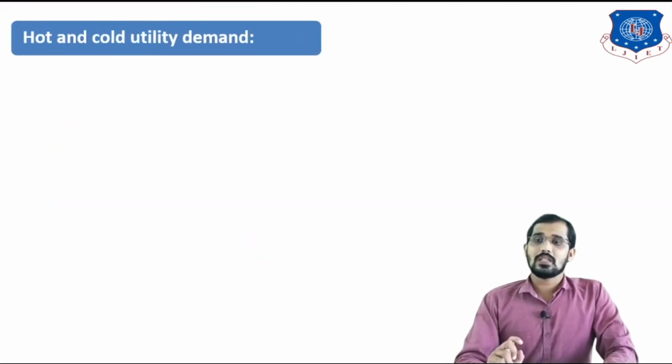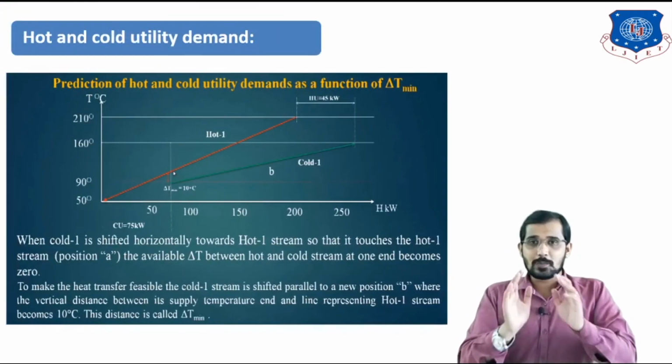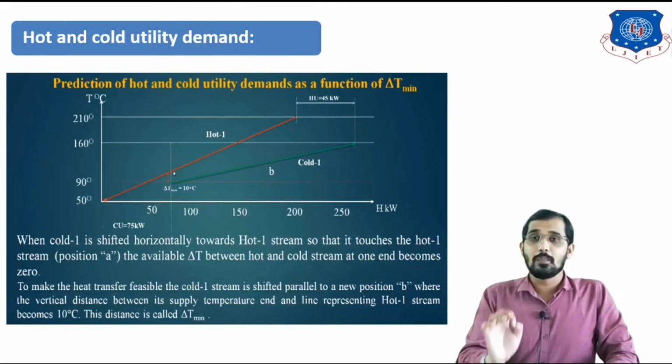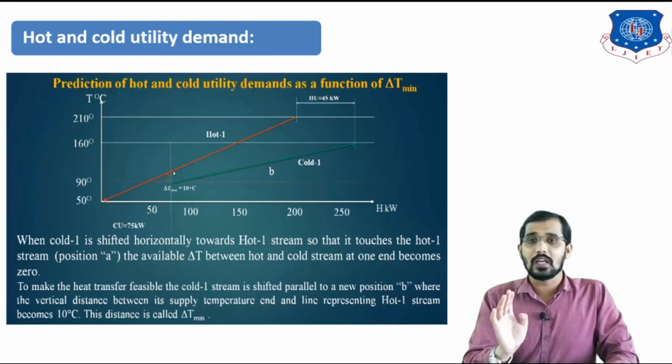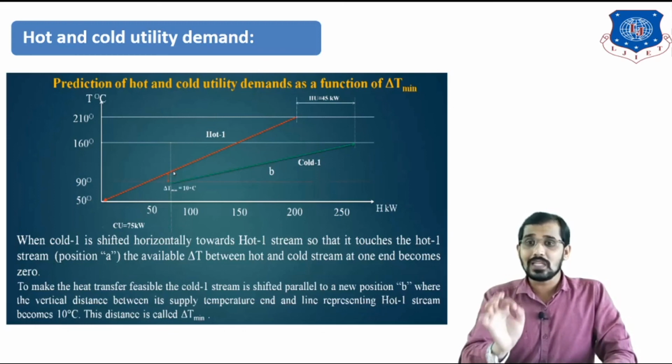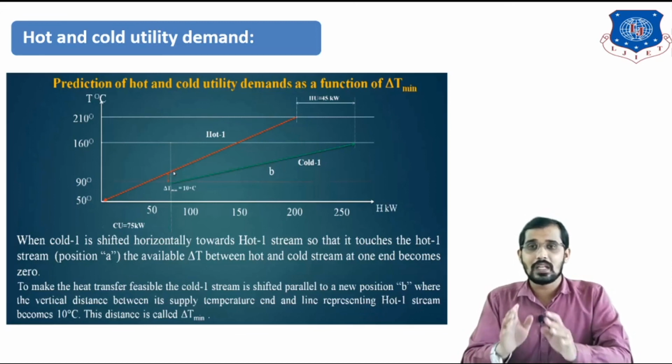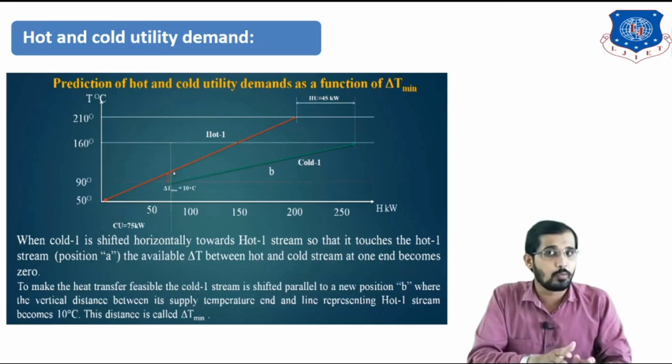Okay, you can see this figure, we have seen it in an earlier class as well. This is nothing but the hot and cold utility requirement in a distillation column, and this curve is very important from the exam point of view. This curve is also known as the grand composite curve. We know that there is a hot composite curve and a cold composite curve.